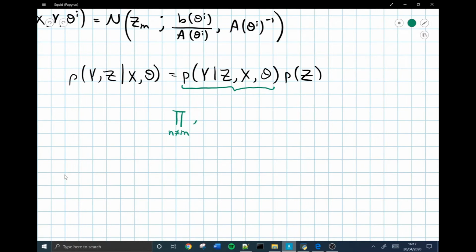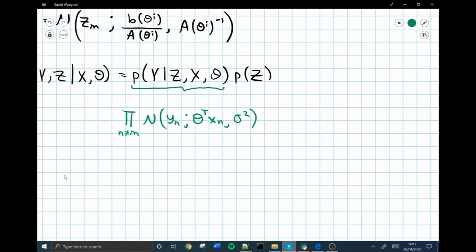And that will be a normal distribution with yn as the argument, and then the mean is the response of the predictions of our models, that's still theta times a vector xn, and then the noise variance is sigma squared. And then we include the part where we do have missing data.